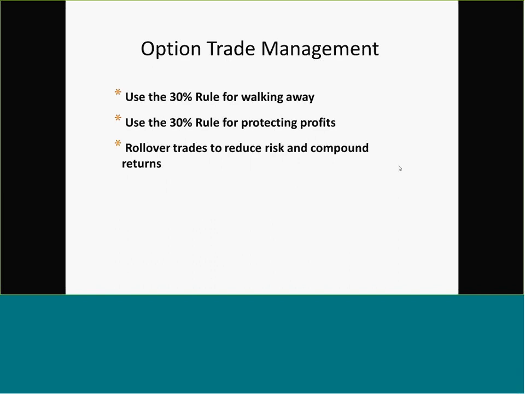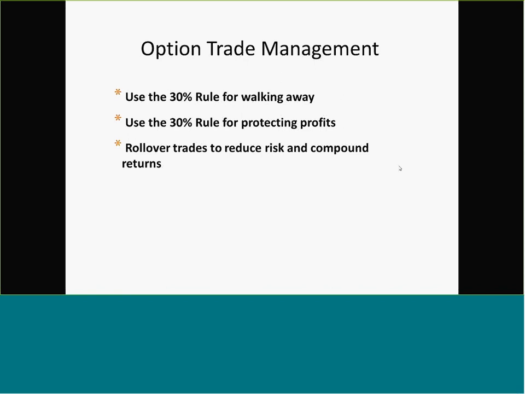So once we put on an ETF sector trade, we have rules for managing that trade. So let's take a look at the option trade management rules for our various ETF sectors.